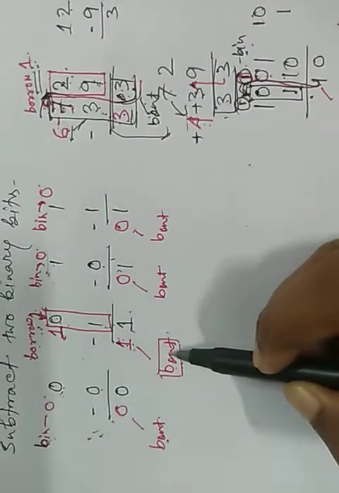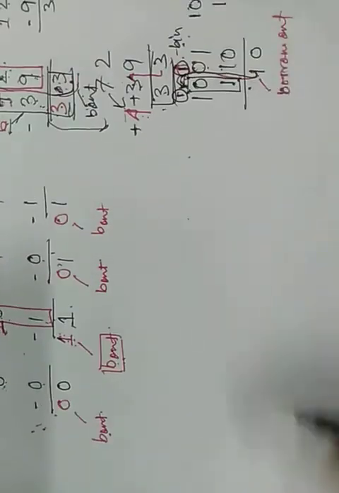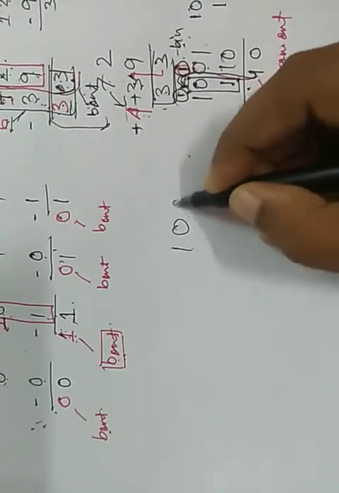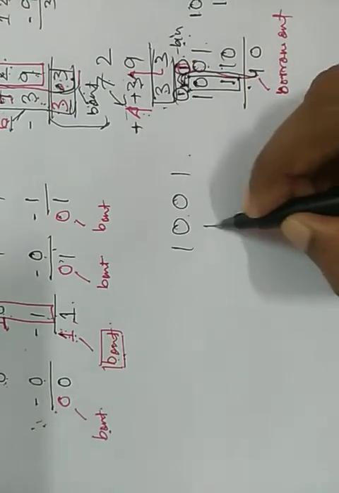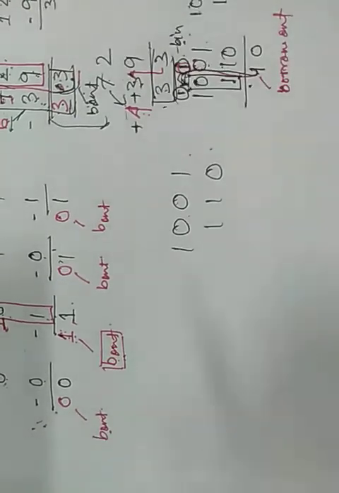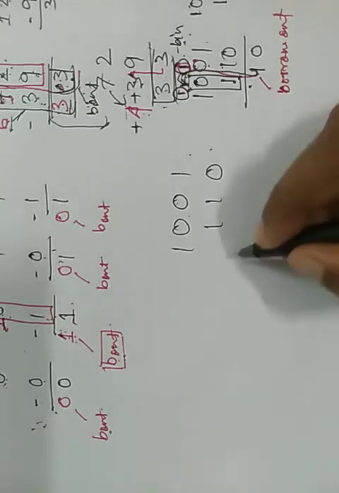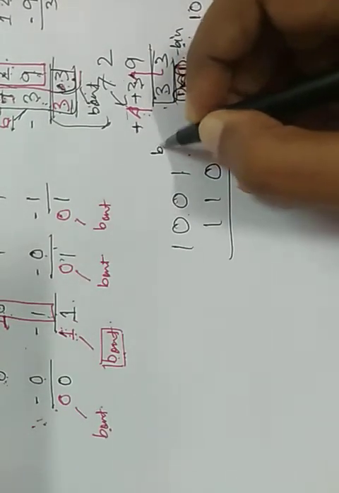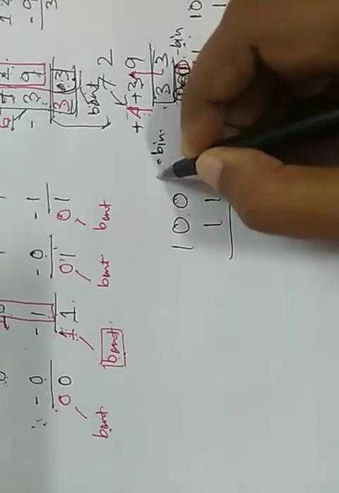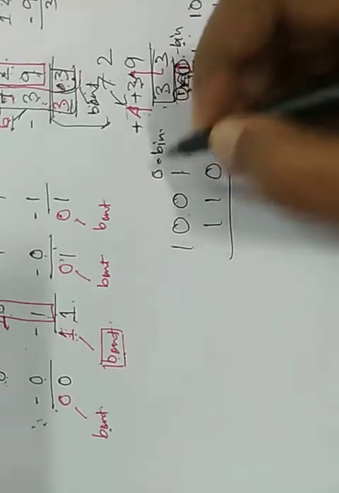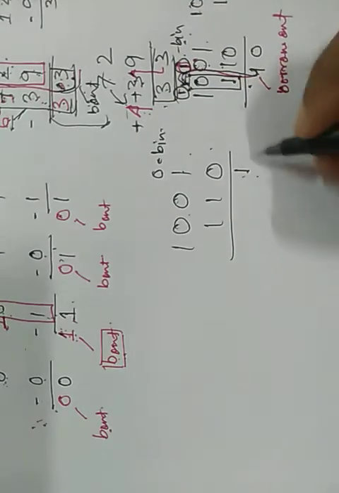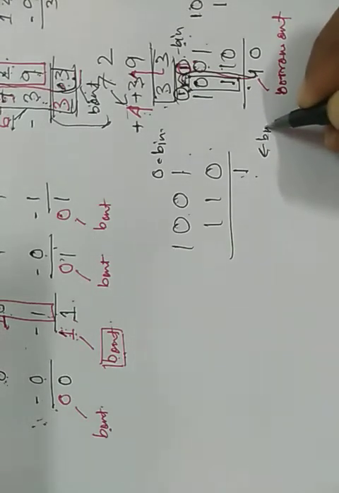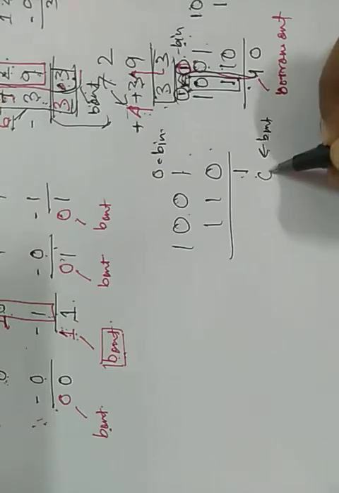If this borrow out, you can see here in this case, 1 0 0 1 1 1 0. In the first stage, suppose it is borrow in, first stage borrow in is 0. Okay, 1 0 is 0, and borrow out, obviously, is 0.